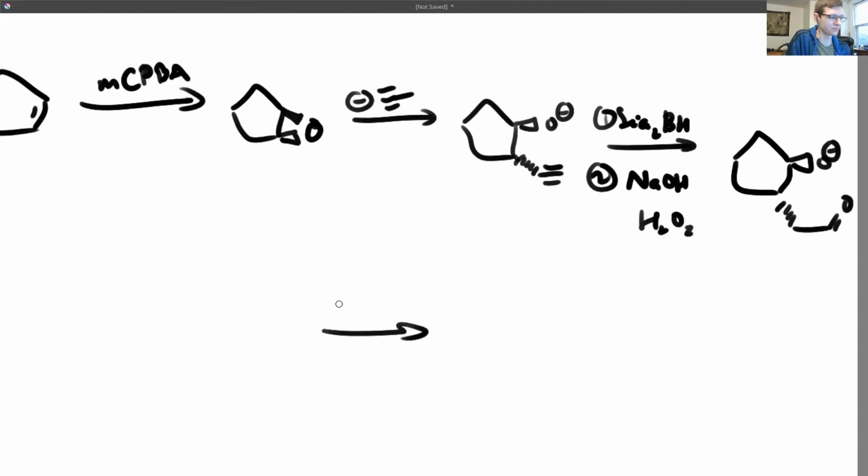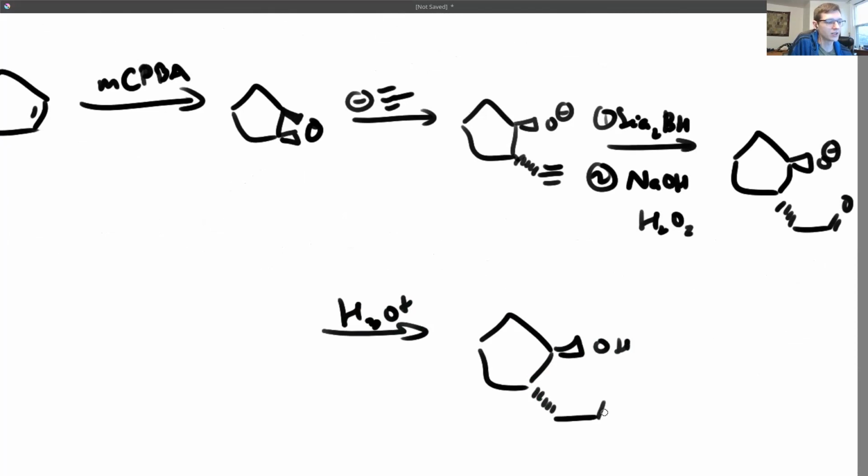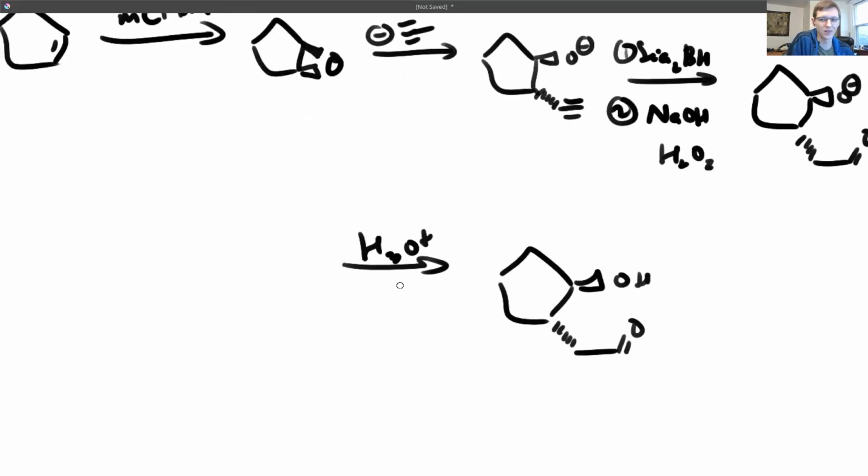All you have to do is put it in some really dilute acid. Doesn't matter what acid it is, whatever. We just write H3O plus and we're done. I think in the lectures, I didn't hear him say it, but I imagine by this point he's mentioned the term aqueous workup. So that's what this is called.